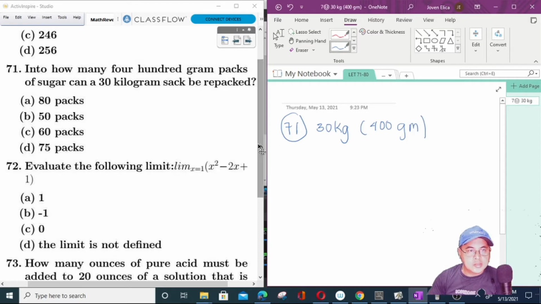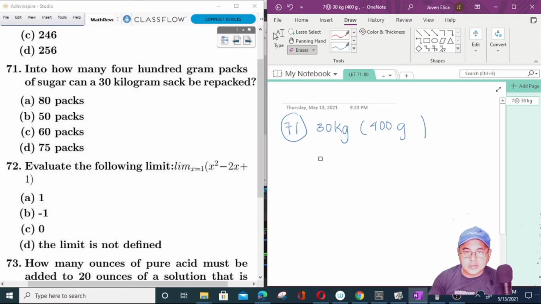So the question is, how many 400 gram packs can be repacked out of 30 kilograms? It's a very simple question, just multiplication and division.